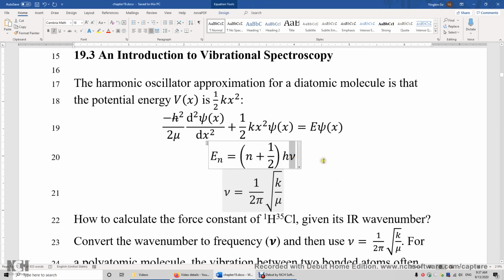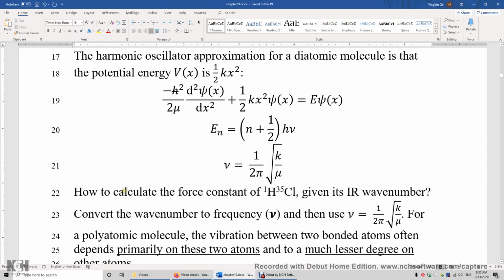Nu is the frequency of the harmonic oscillator. If we know the force constant K and the reduced mass mu, we can calculate frequency. Sometimes we can take the infrared spectrum of a diatomic molecule, such as hydrogen chloride. Let's say the infrared wave number of this is 2900 per centimeter, or 2900 reciprocal centimeter.